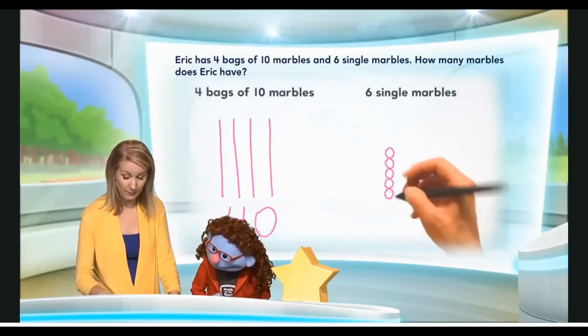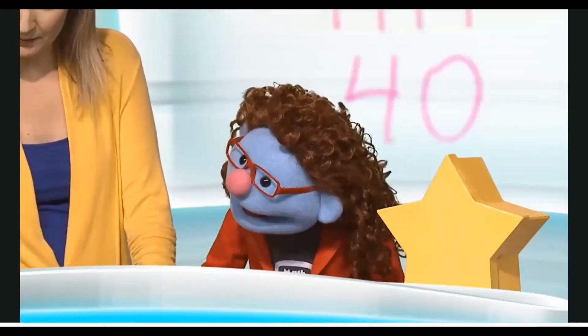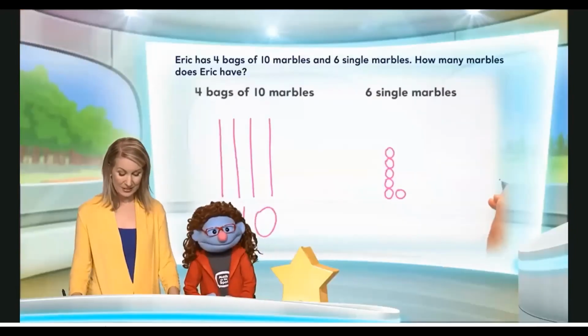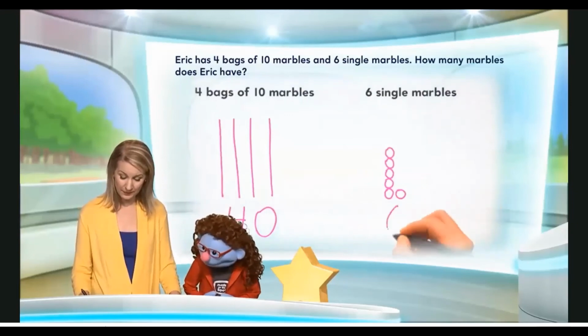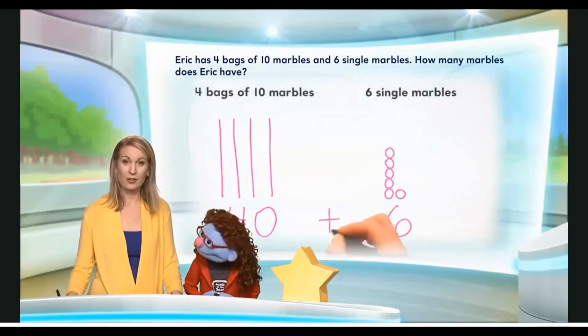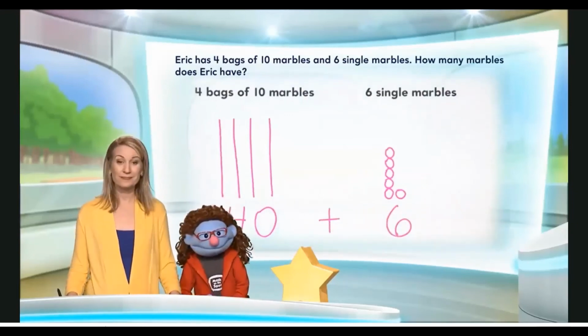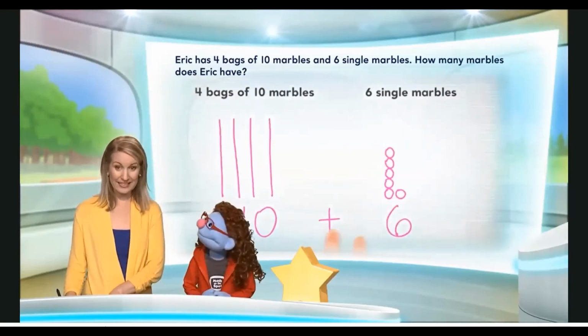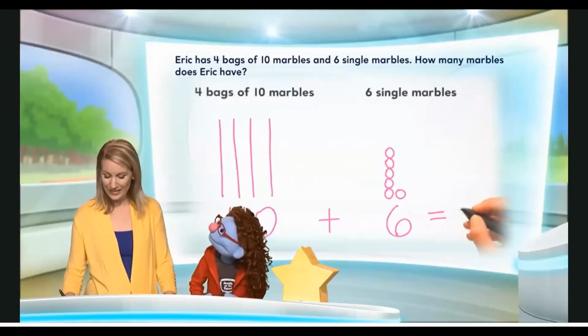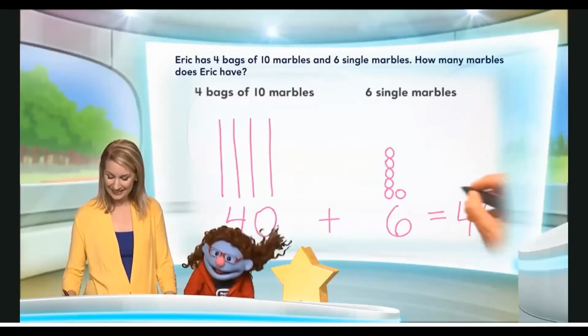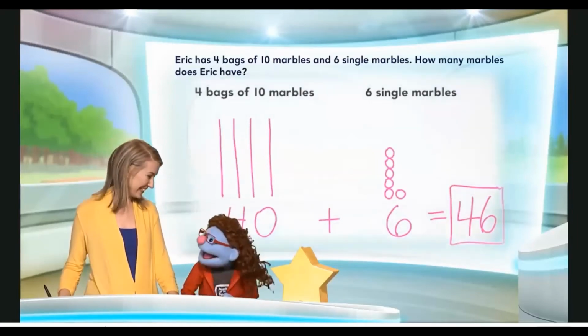There's 5 of them, but we want to draw 6. We need one more. 6. So that's 4 tens and 6 ones. So what is that all together? How many marbles do we have all together? 40 plus 6 is... Get ready. She's going to bust it. 46. Yay! That's the right answer.